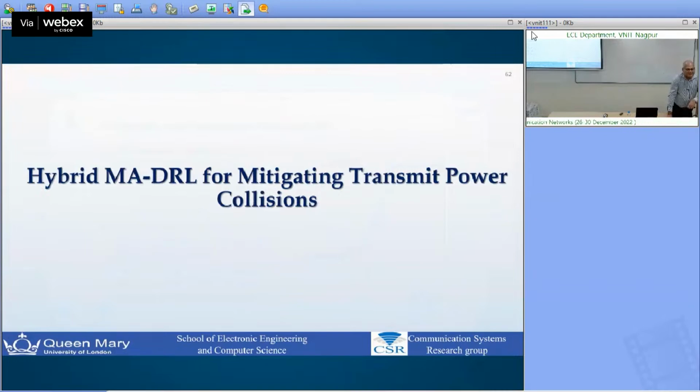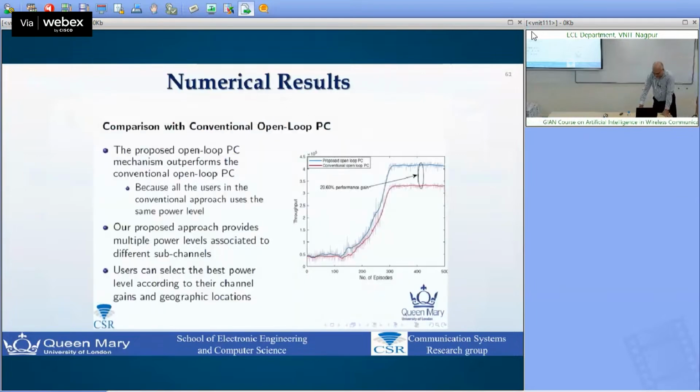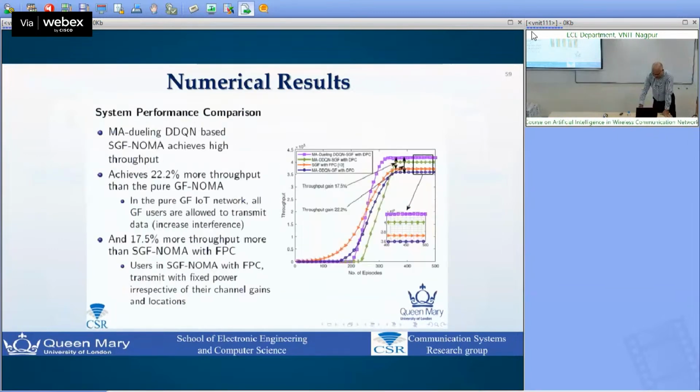All are machine learning techniques, but what is the reason they are performing differently? What parameter has been taken, and on what parameter has the work been done? It is the throughput, meaning data rate.